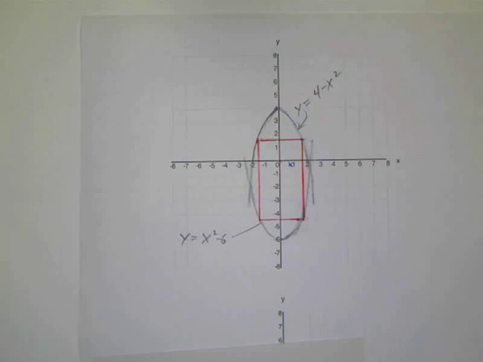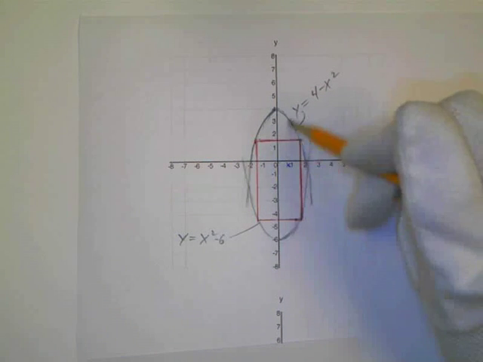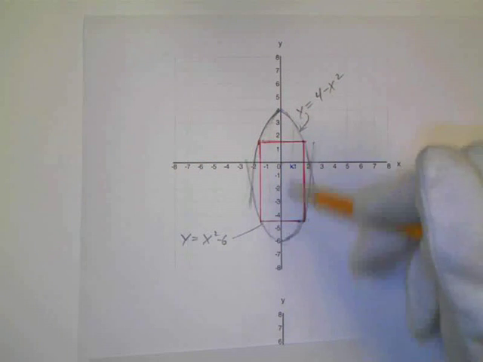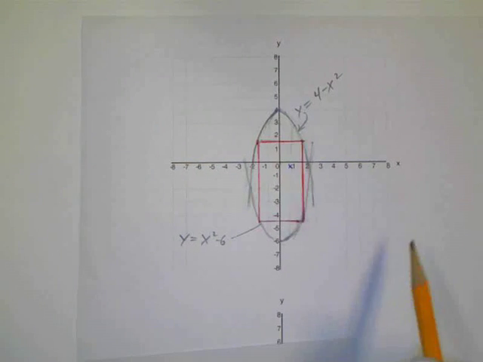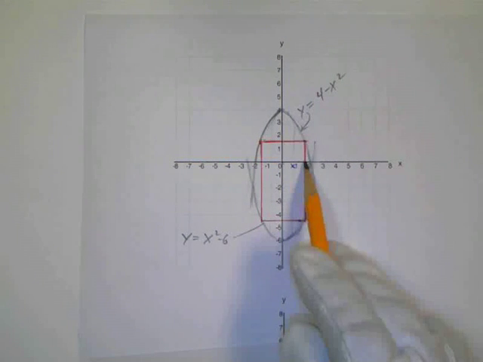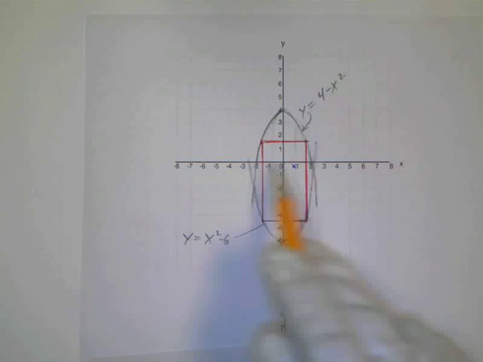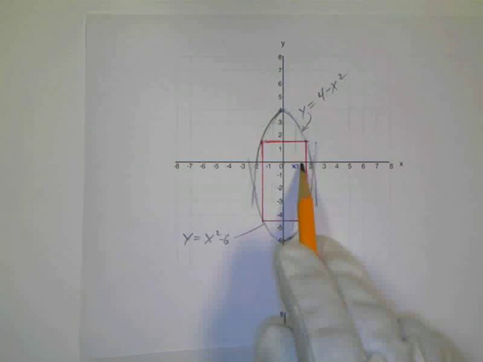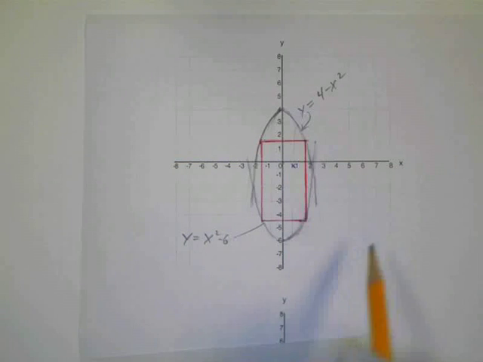If x was up here, it would go higher. Because it's symmetrical, x floats around, and this side will be mirrored by this side. So the width of my rectangle in this case will be 2x.